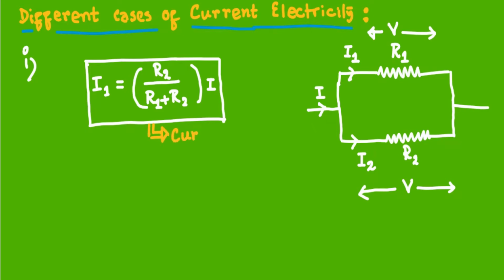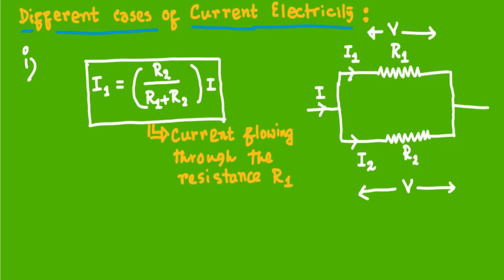And I1 equals R2 divided by R1 plus R2 into I is the current flowing through the first resistance R1.